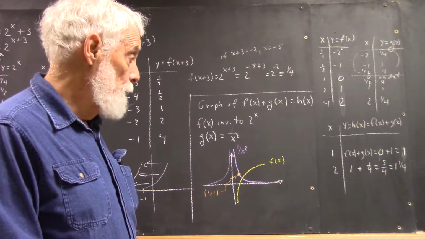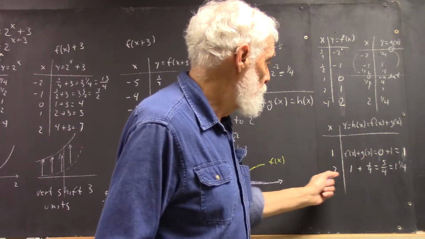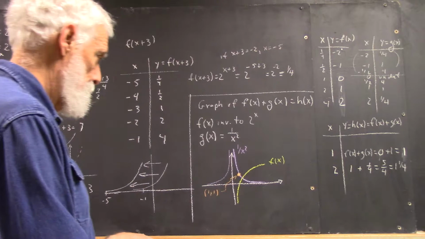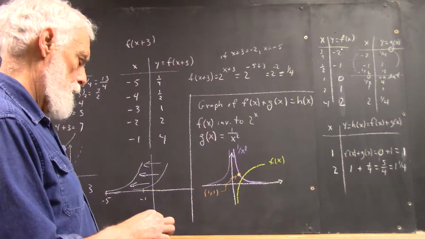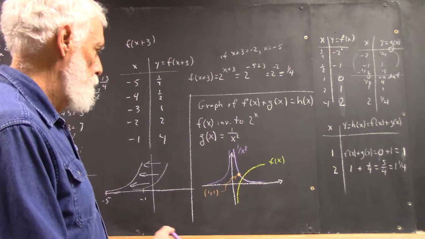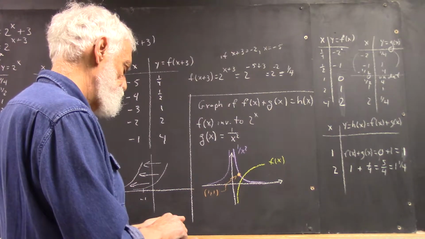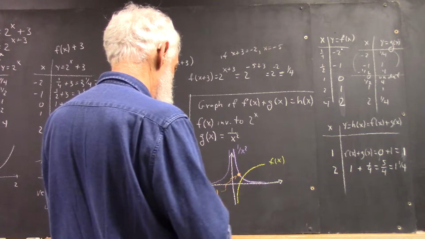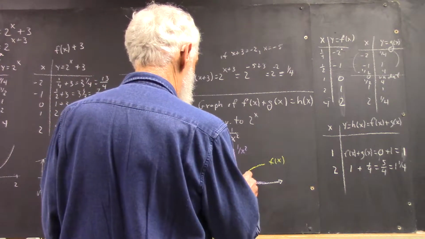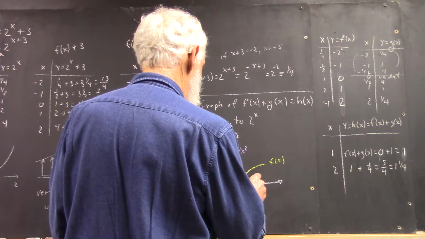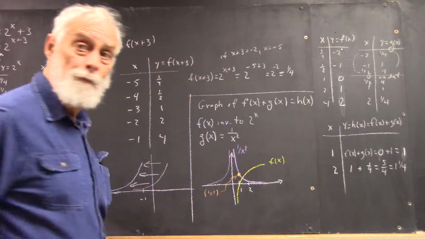Now, the point 2, 5 fourths, okay? So, we go out to where x equals 2, and let's just say that we know that 1 is here, and 2 is here.